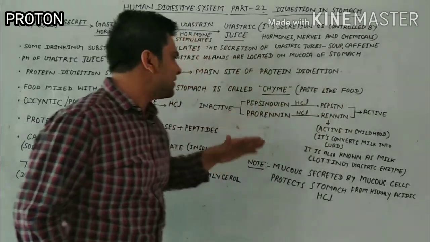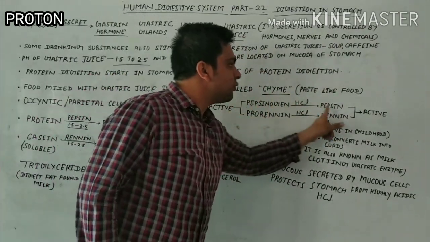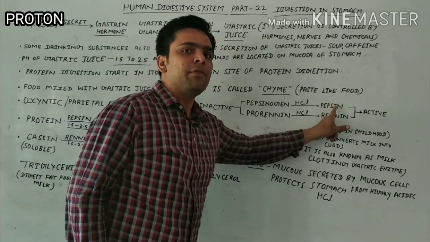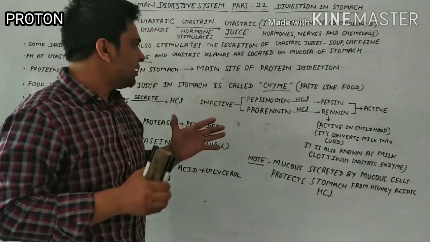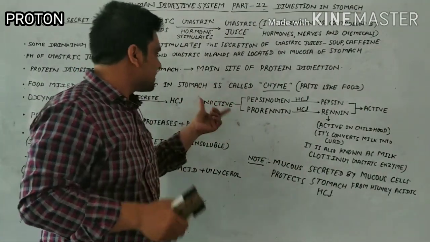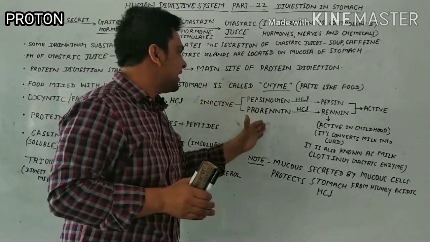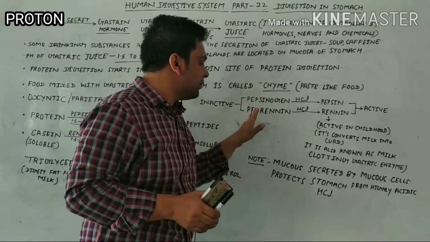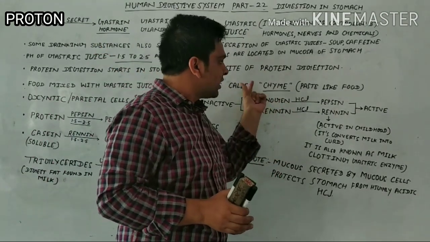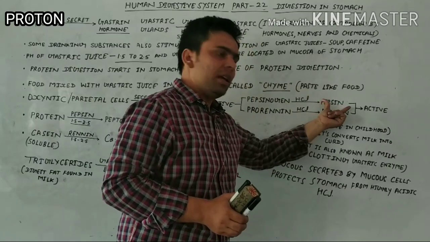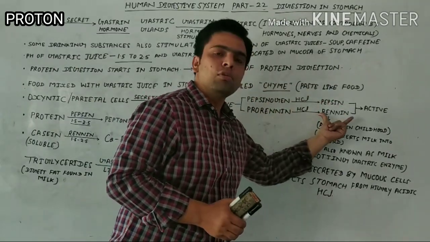So in short we can say pepsinogen converts into pepsin. This is the active form. Students, we were discussing these two enzymes, pepsinogen and prorenin, and as I discussed, pepsinogen converts into pepsin and prorenin converts into renin.